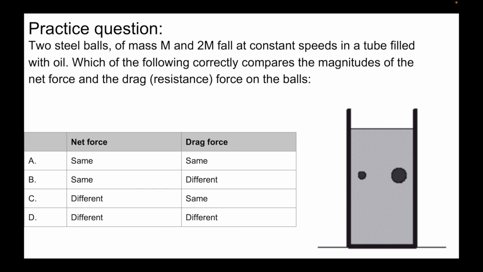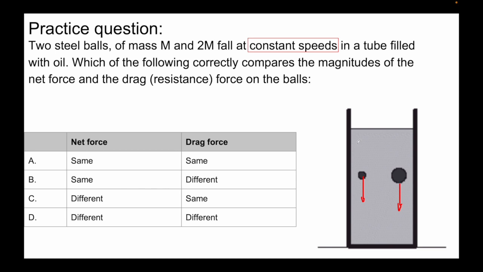All right, let's think about this now. We've got two balls that are both falling through the fluid, and we're asking about the magnitudes of the net force and the drag resistance force on the balls. Are they going to be the same or different?